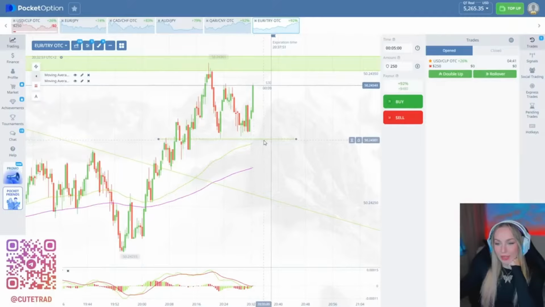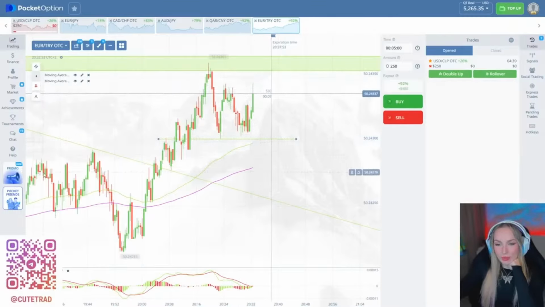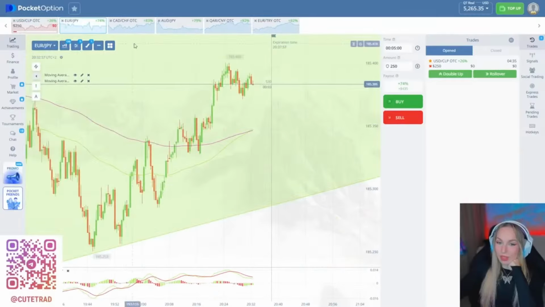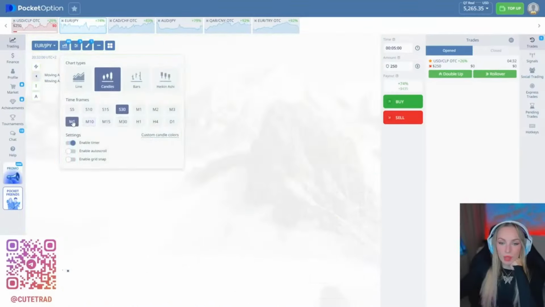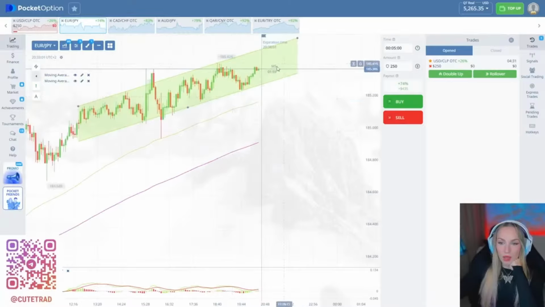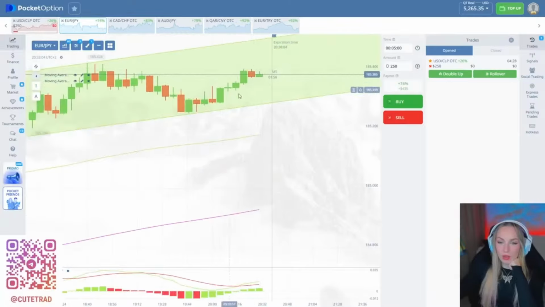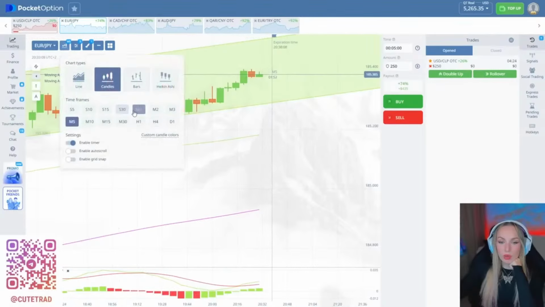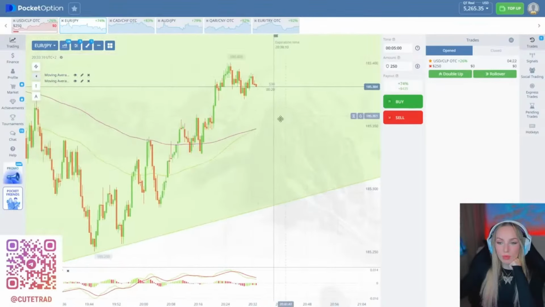No, the price can't overcome this support, but maybe it will overcome the resistance, though I don't think so. This one seems like it goes down, but still too far from the resistance. I believe that this one will go up.